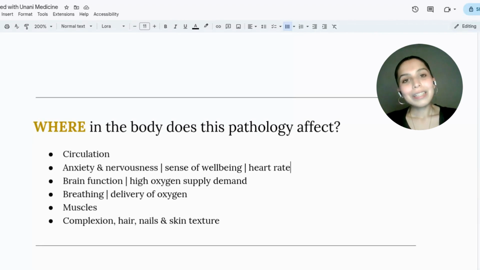And then thirdly or fourthly, the breathing is heavily influenced, and this is again to do with poor circulation, and it can cause a lot of shallow breathing, and it can cause a lot of open mouth breathing as well. Then we have the muscles.